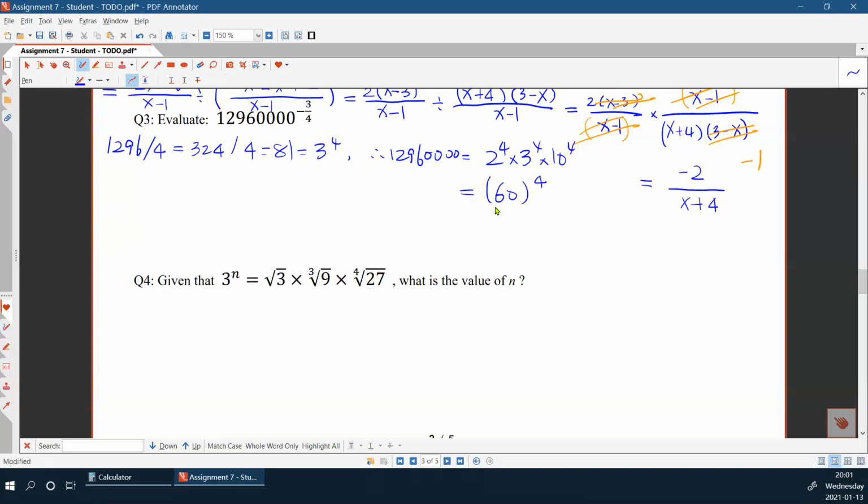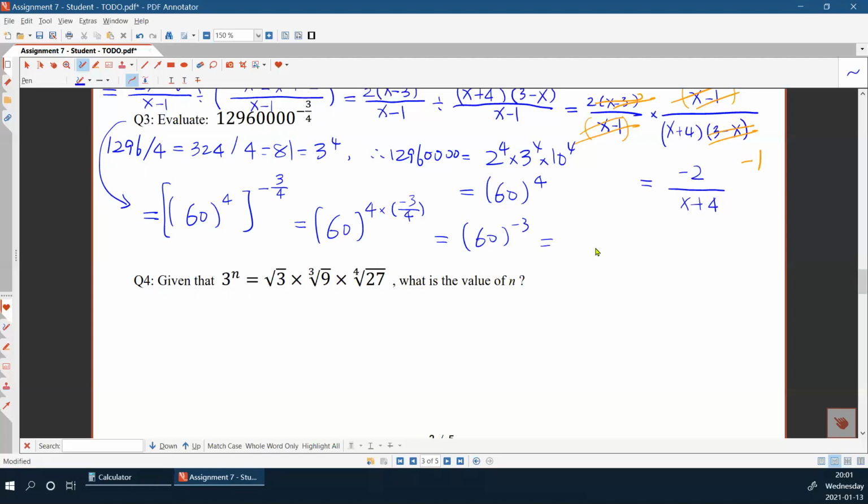Okay, this number can be rewritten as 60 to the fourth order. So that means the original expression can be rewritten as 60 to the fourth order and then to the minus 3/4 order, which is 60 to the 4 by minus 3/4 order, which is 60 to the minus 3 order, which is 60 to the third order as denominator, 1 as numerator, which is 216,000.